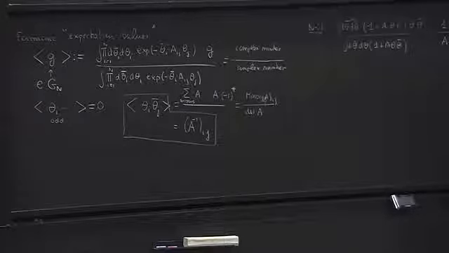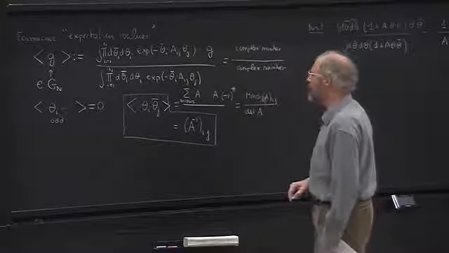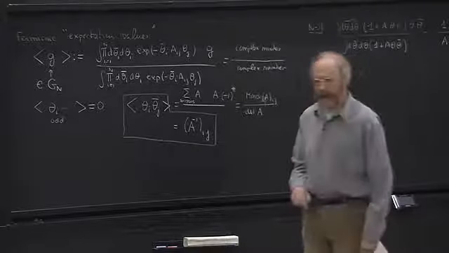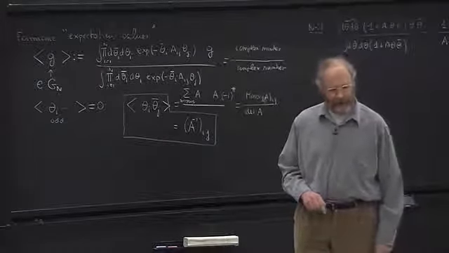Yes? One thing, so when you define the differentiation on the integration like this, then, for example, if I want to make a change of variables inside the integral, does that follow the usual rules? This follows the usual rule, but you have to make fermionic change of variables.